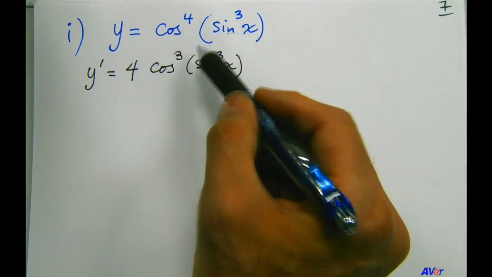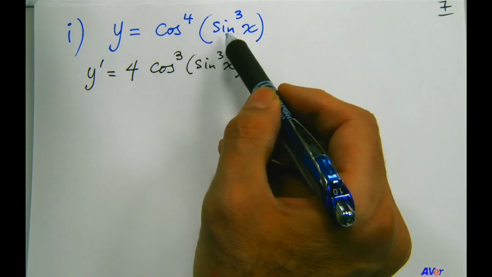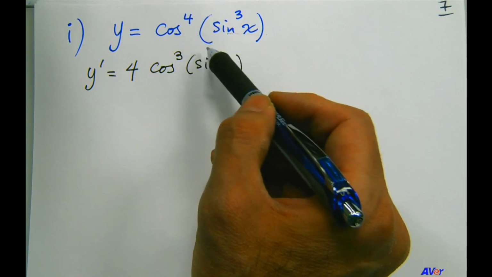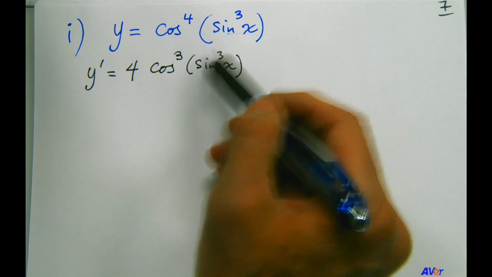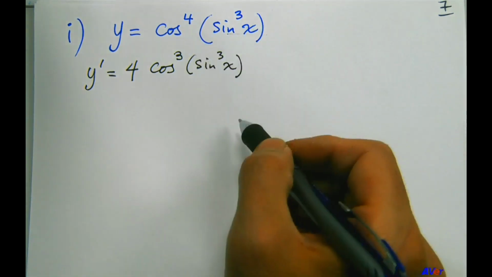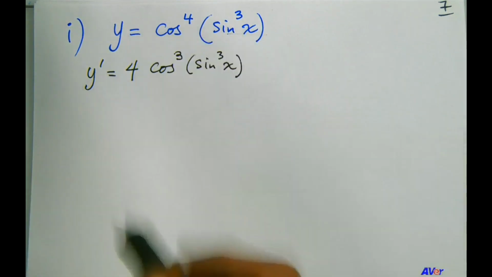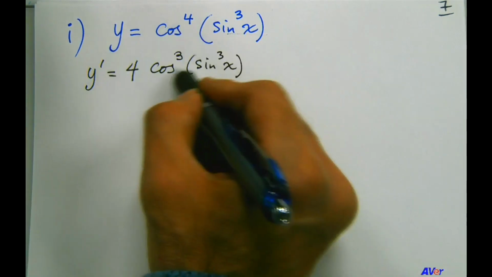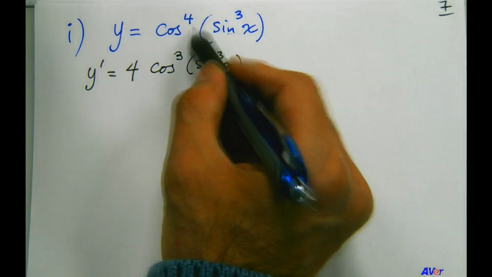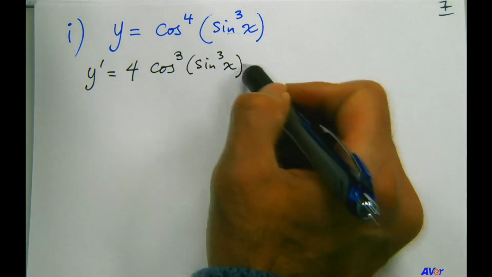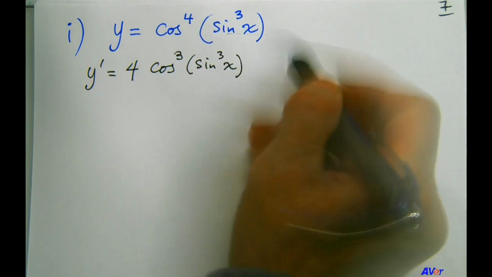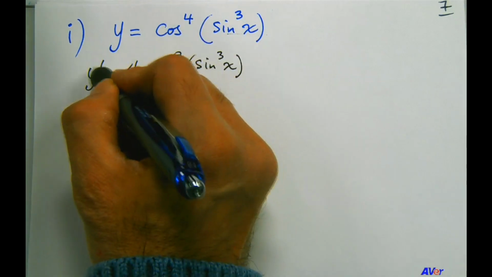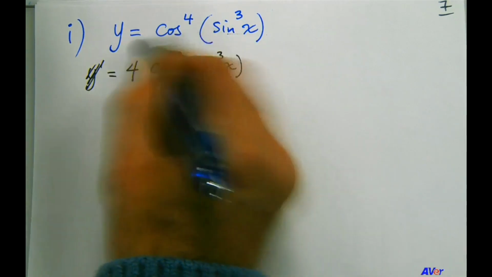I'm wondering if I should have rewritten this at the beginning. Yes, it would be easier to see if I wrote it differently. This is not wrong, but I want to make sure that everyone understands, because there are subsequent steps coming up, and it's easier if we rewrite this first.